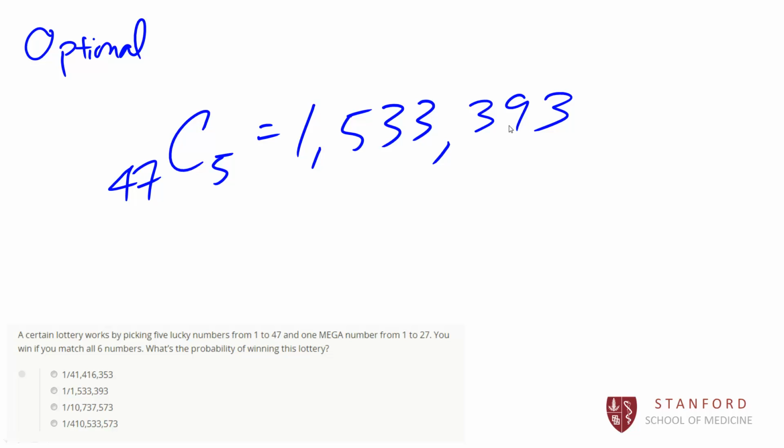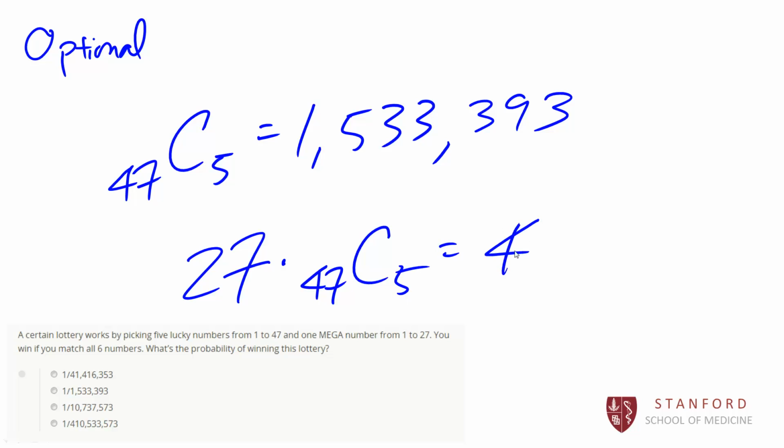And each of these combinations can be combined with one of 27 different numbers from that mega number. So the total number of ways to win is 27 times 47 choose 5.